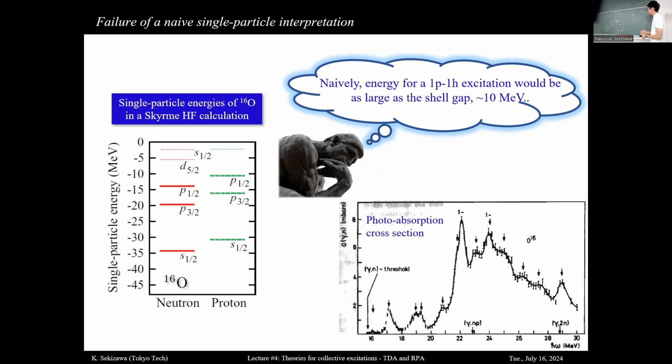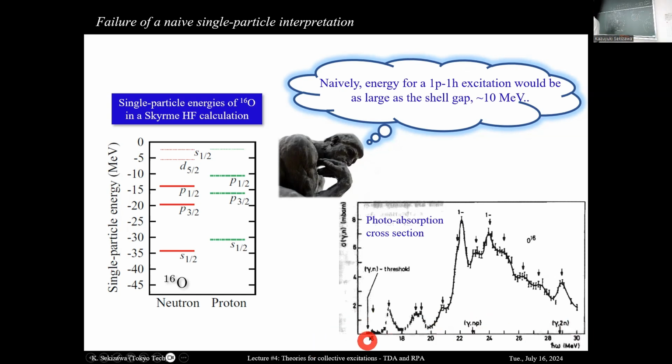So you have some kind of shift of density distributions. And this is related to such photoabsorption. It shows the photoabsorption cross-section as a function of excitation energy.